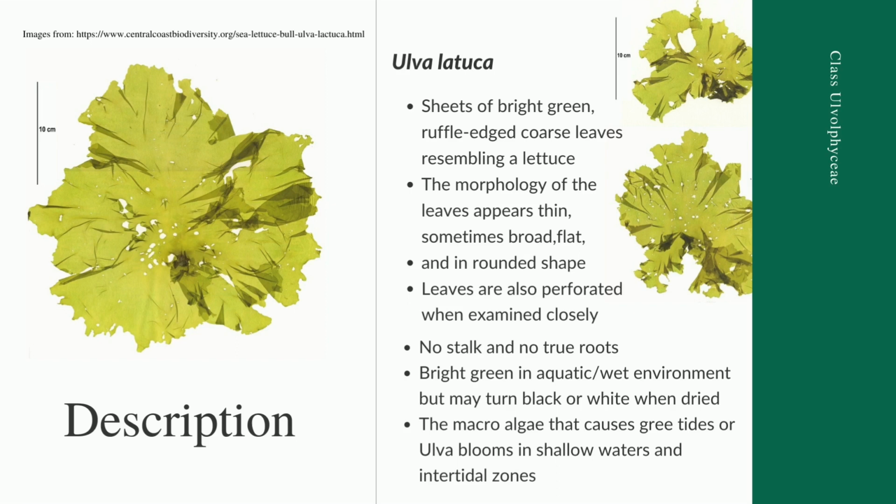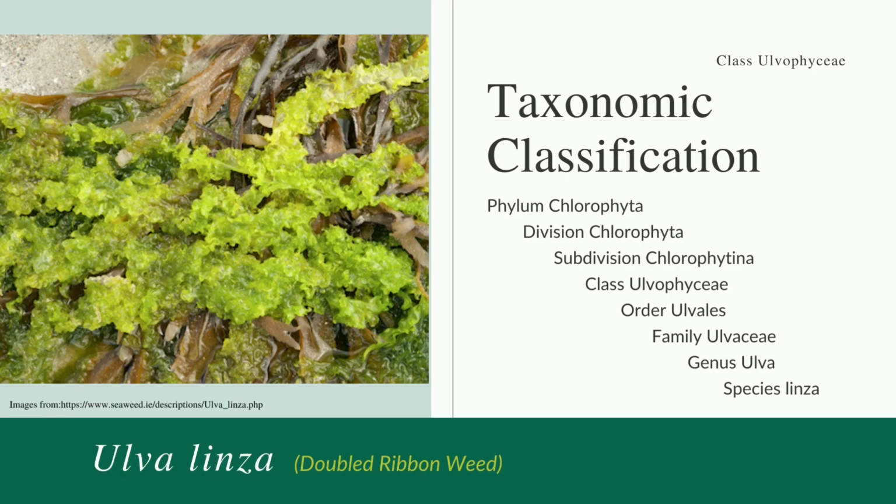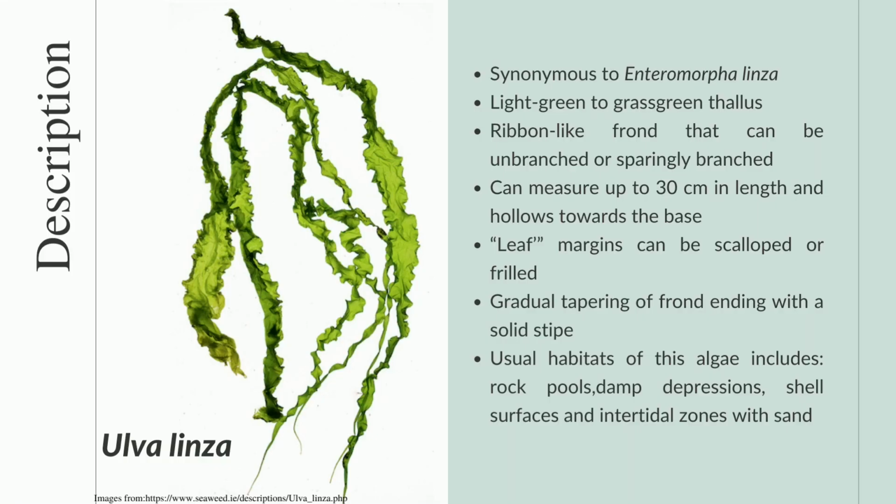Moving on to another representative of the Ulva species is the Ulva linza. This Ulva species is one of those species that are synonymous to genus Enteromorpha. As you can see, it has a distinct characteristic of the genus Ulva and it is commonly known as the double ribbon weed. The light green to almost grass green thallus of Ulva linza is evidently displayed in this picture.